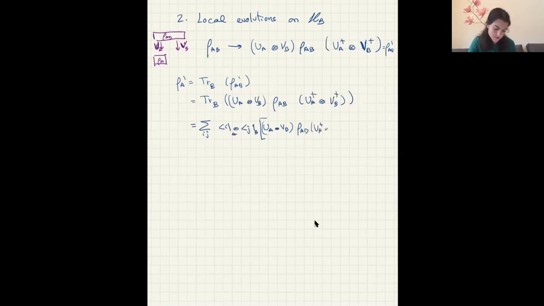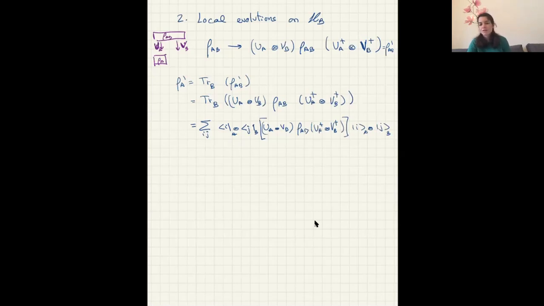UA dagger, VB dagger. And now comes A and J again. And do you know what we can choose? This is a semi-clever trick, but it's kind of natural. We can pick any basis for these JBs, right?